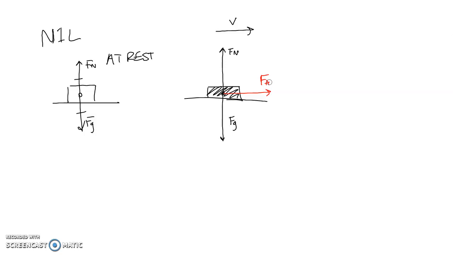But here's the most important thing, the main thing from Newton's first law is that an object in motion tends to stay in motion. A hockey puck sliding across frictionless ice will slide across frictionless ice forever, unless there's an unbalanced force acting on it.